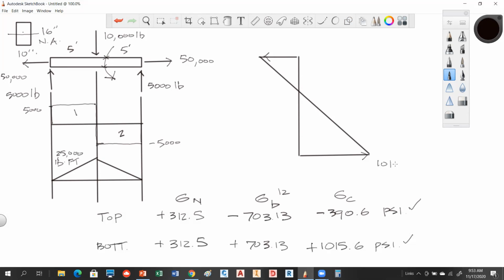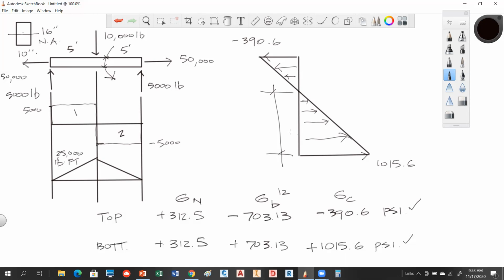So we have 1015.6 and negative 390.6. So what you got is all these little vectors. They're approaching, as you go down this way, it goes to 0 at some point. So at that point right there, you've got 0 compression, 0 tension, but that's not at the neutral axis.